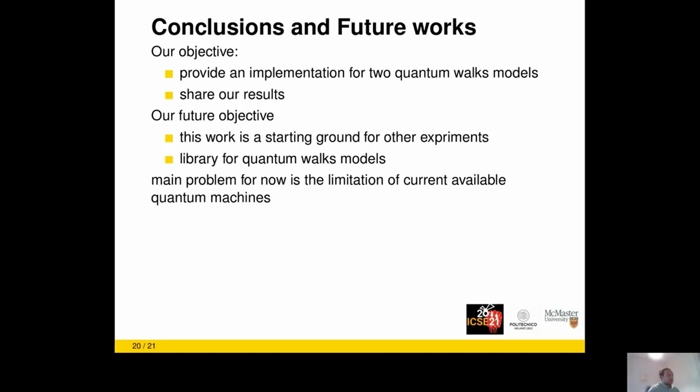Talking about the future, our aim was to build a library for quantum walk models to make them accessible to everyone. But for sure, this is an ambitious goal, and this work is just a starting ground to do more experiments, to understand this field better, and also to understand the limitations that we currently have with the available quantum machines.